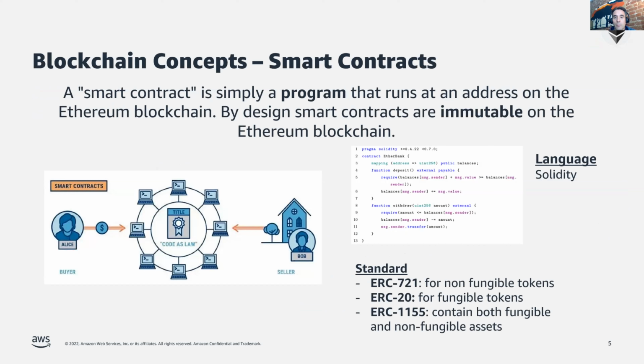The source code of smart contracts is available on the public blockchain, in this case defined in Solidity. A lot of companies are developing solutions, in the art space or real estate space, using smart contracts in a new way for new use cases. If you want to tap into this, you need to have access to public blockchain data.